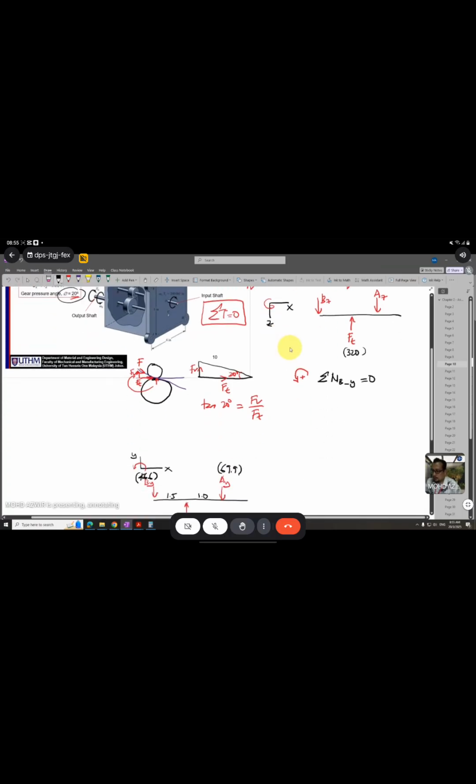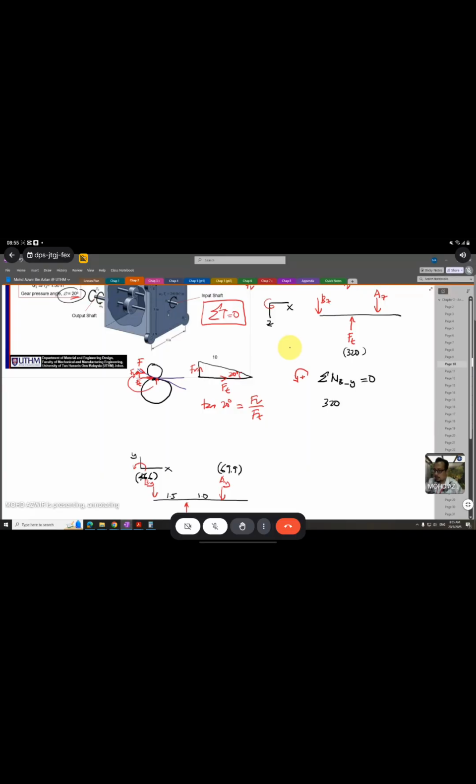So 320, and the same distance, which is 1.5, and then minus Az, because it's acting in the clockwise direction, the distance from B here is 2.5, is equal to 0.